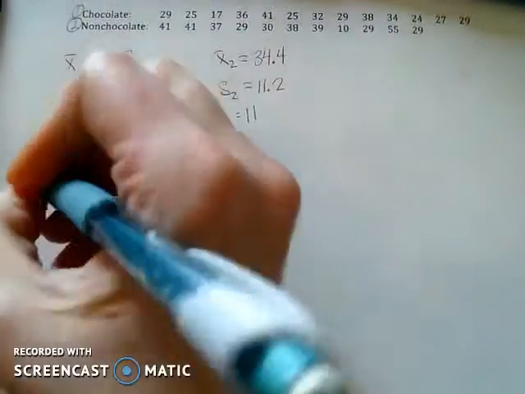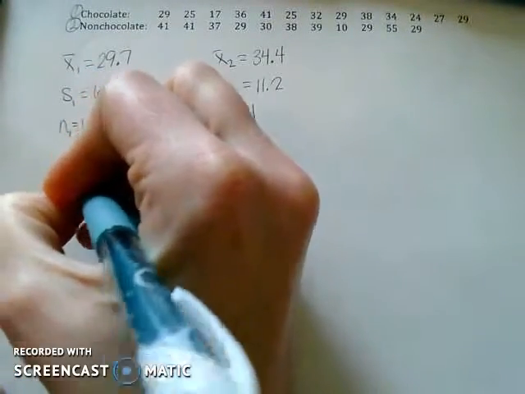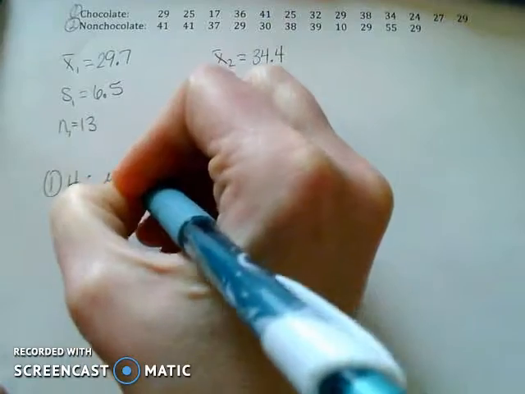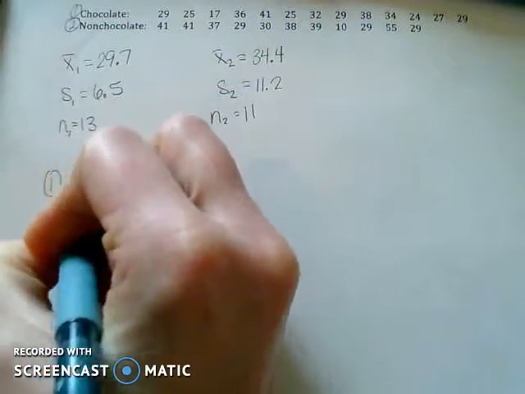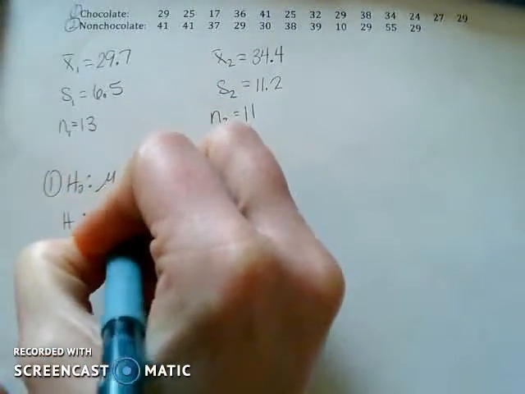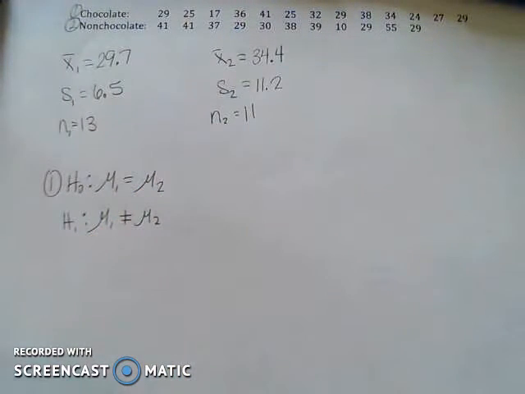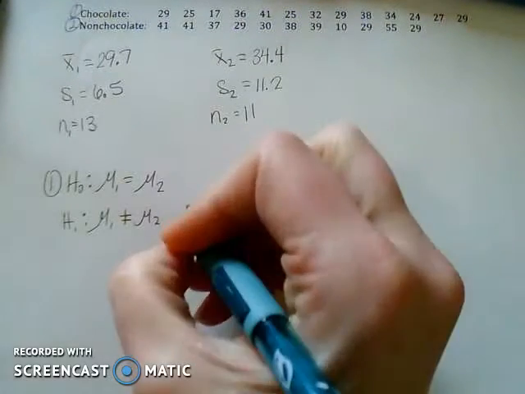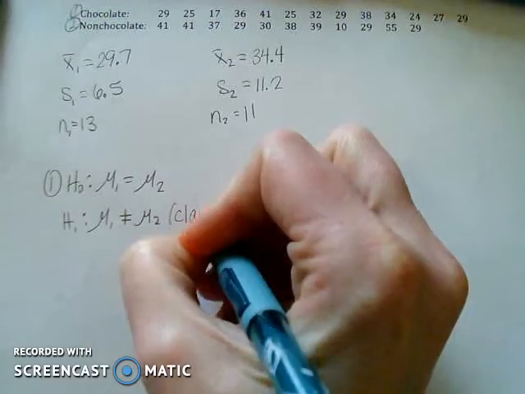All right, once you have that, it's all the same. So step 1, your null hypothesis is that mu1 is equal to mu2. The alternative hypothesis is not equal to. They won't all be that way, just the 3 that I picked for the notes are. And it says, can we conclude that they're different? So that means this one's going to be our claim.